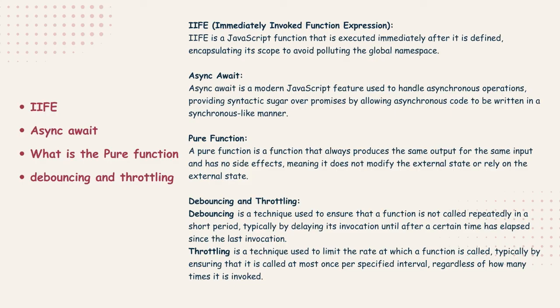To overcome this, debouncing comes into the picture. When the data is complete, D-A-3, only at that time the function will be called. This is the debouncing concept. And throttling is how many times that function is executed within a particular time. This is the concept of throttling.